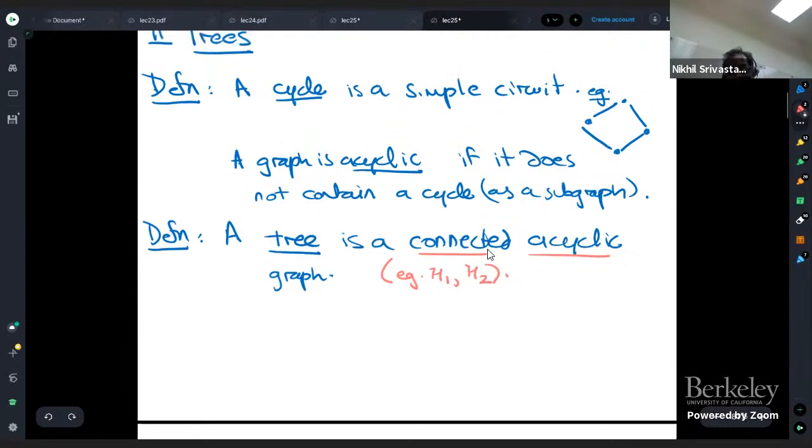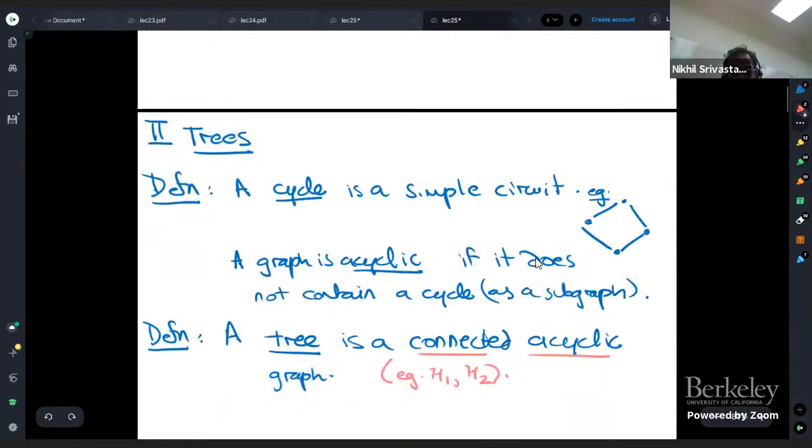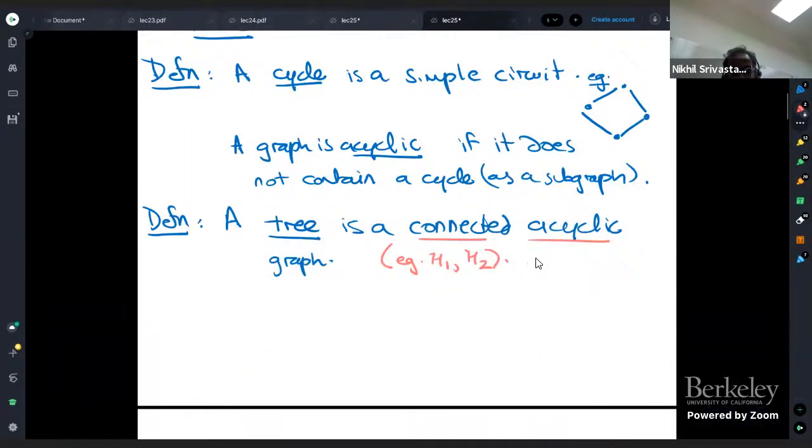The rest are not trees for different reasons, right? G is not a tree because it has a cycle, and H3 is not a tree because it's not connected. Okay, so trees look like trees. That's why they're called trees.